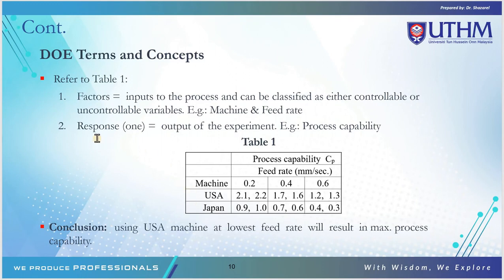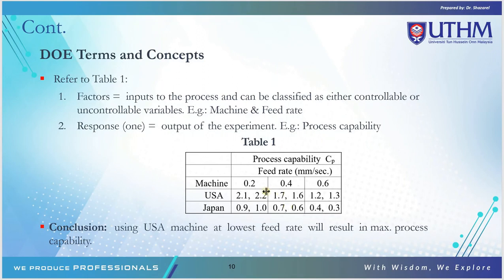Another term that you have to know is response. What is response? Response is the output of the experiments, which in this example refers to the process capability. In this case, a higher process capability is better.